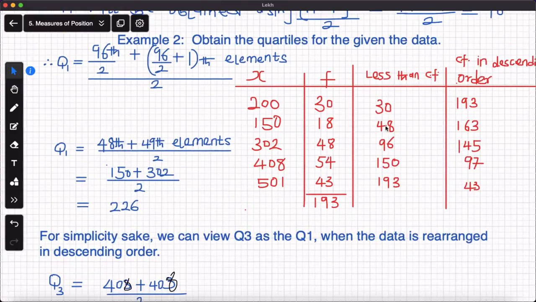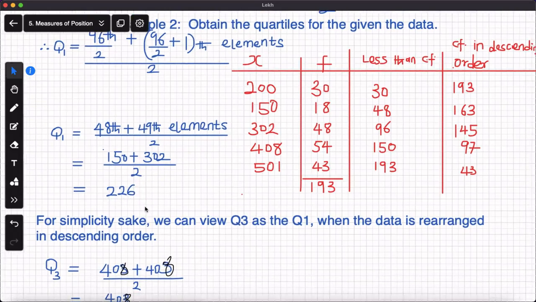From here, the 48th element is 150. So when you're listing the elements, the 48th element is going to be 150, and the 49th element is going to be 302. Logically, 150 plus 302 divided by 2 is what we're looking for. So we get 226.